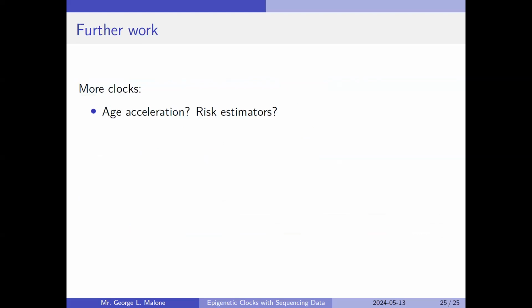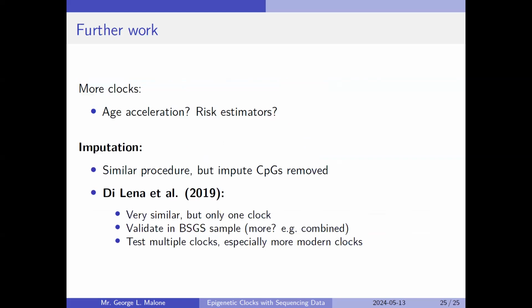Further work here would look at more clocks, such as those for age acceleration or the risk estimators that I mentioned before. But in particular, we can do imputation. A very similar procedure to this one, except imputing the CpGs removed instead of looking at the behavior of the clock. Dela Rosa and others, 2019, did something very similar, a very similar routine, but with a smaller proportion of data loss and only one clock, the Horvath 2013.